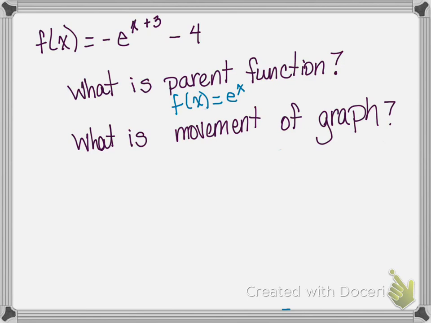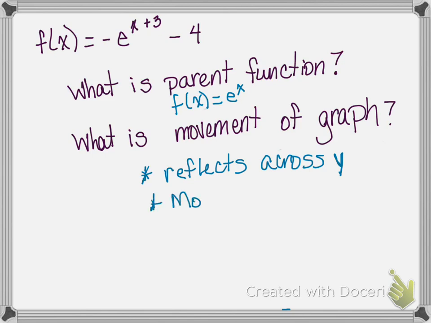Now, what is the parent graph doing? Where all is the parent graph going? Okay, it reflects across the y. That's the first thing it does. Then what? Moves to the, how many?